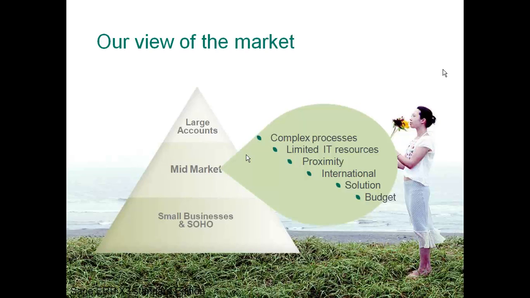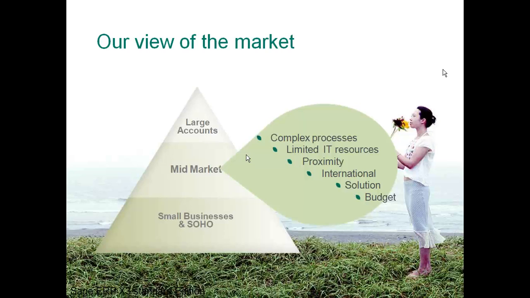There's some uniqueness to the mid-market. They tend to have to be scalable because they usually start with a smaller number of employees, but maybe with a large number of products, and then as they grow, they simplify their business, but at the same time they add more employees. So they usually do have complex processes. They usually have limited IT resources.